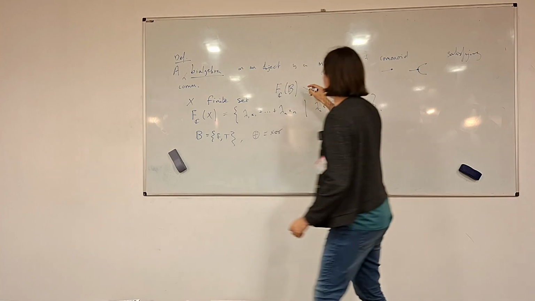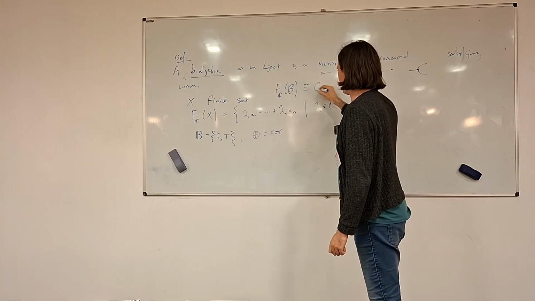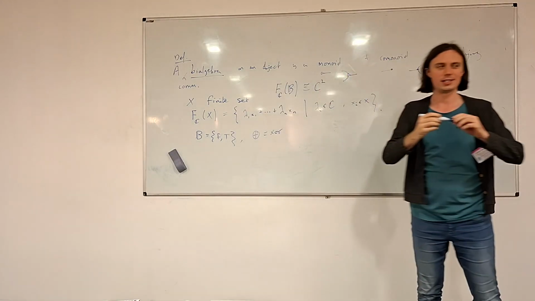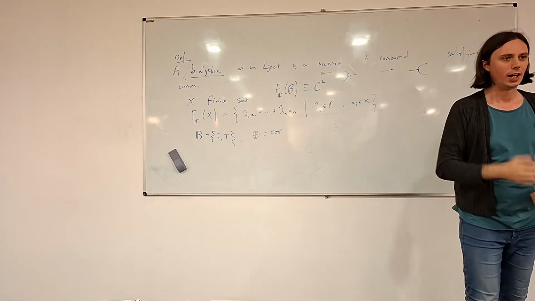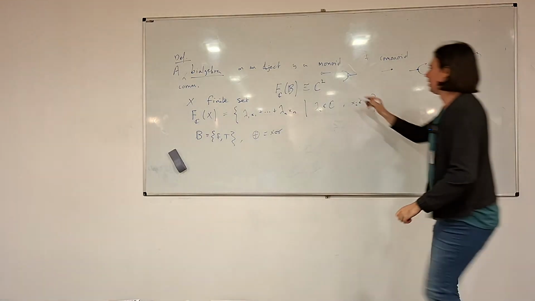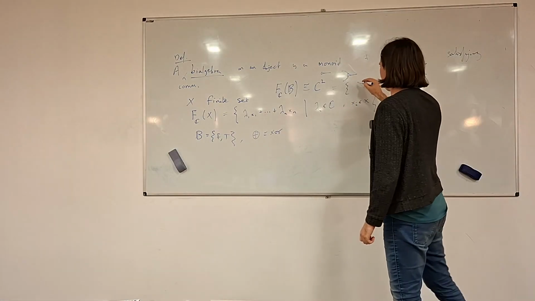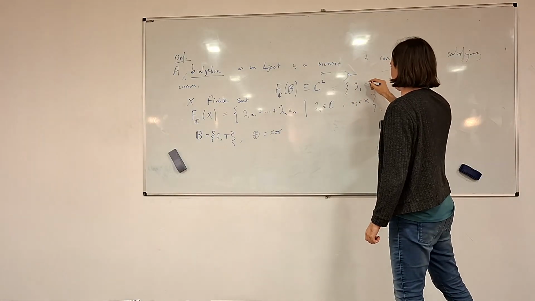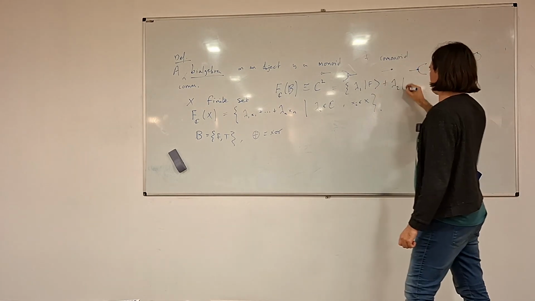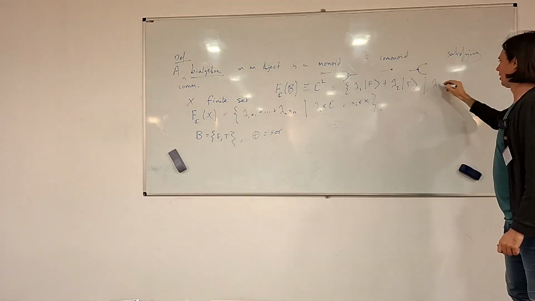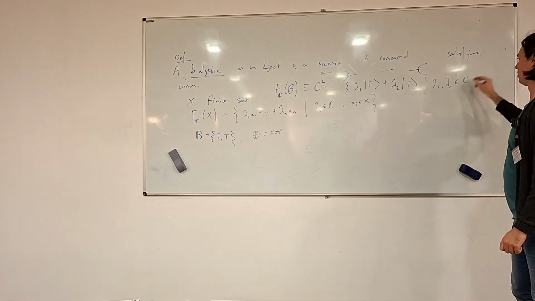So as a vector space, this thing is just the two-dimensional vector space. It's the set of all pairs of complex numbers. So it's the set of lambda 1 times false plus lambda 2 times true, where lambda 1 and lambda 2 are in C.